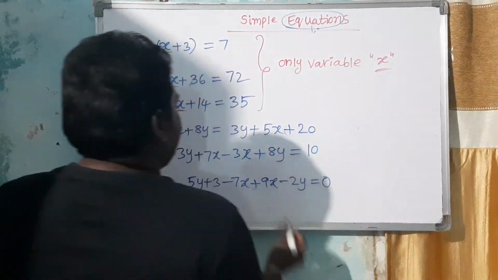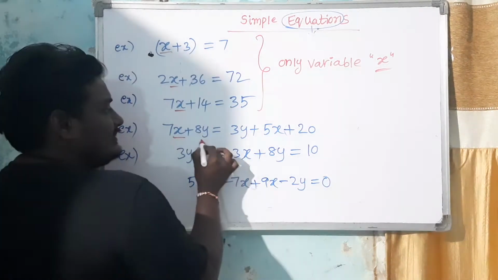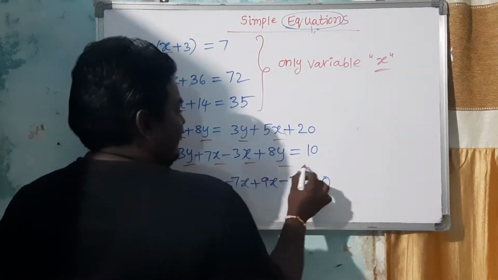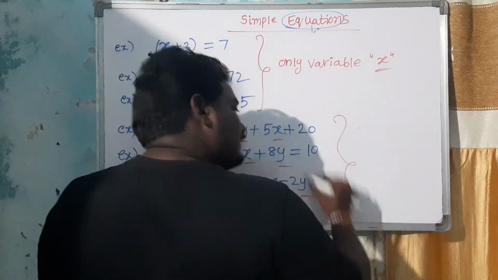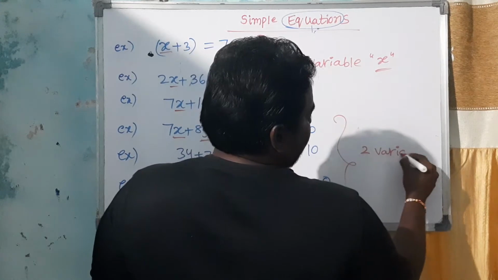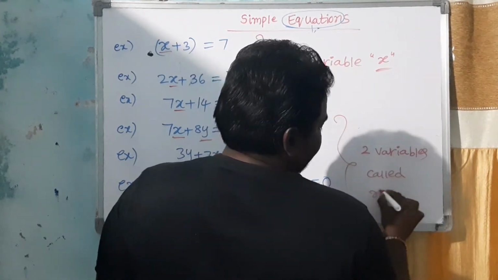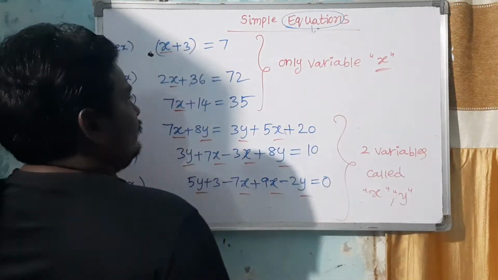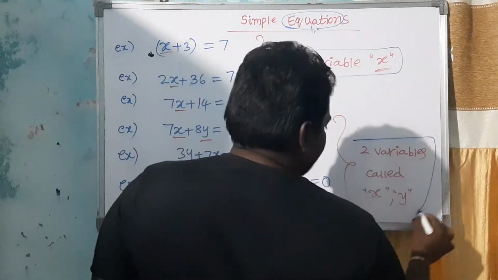Next, check these: they have x and y, so these have two variables, x and y. Basically, we will deal only with the one-variable part. No problem, we will deal with this also.